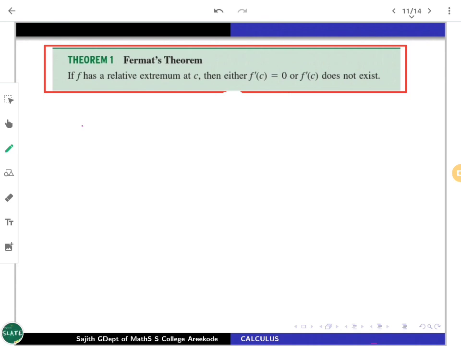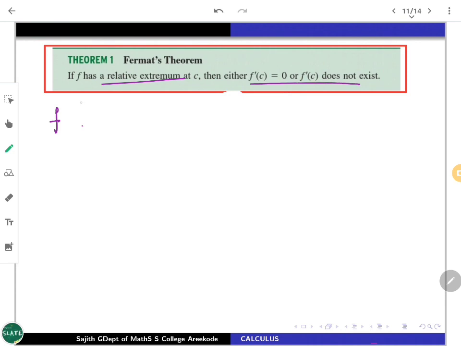It says f has a relative extremum at C, then either f dash at C is 0 or f dash at C does not exist. We can suppose that f has a relative maximum. So this side is the if part, and then you have either this or that.